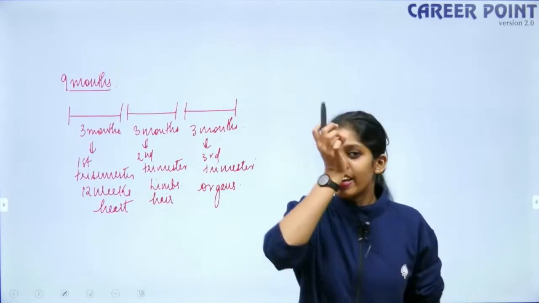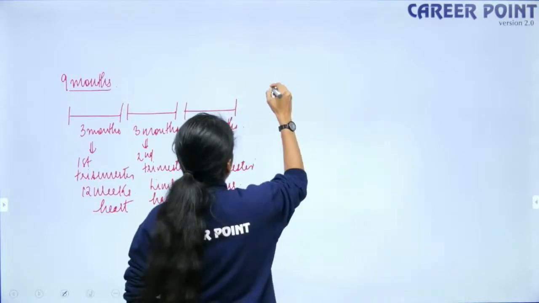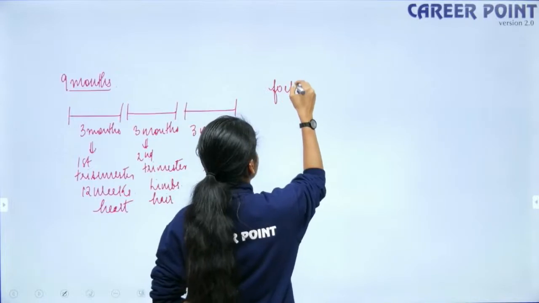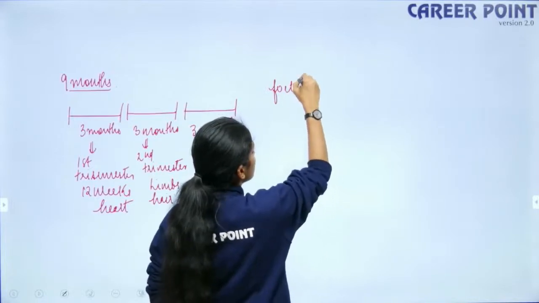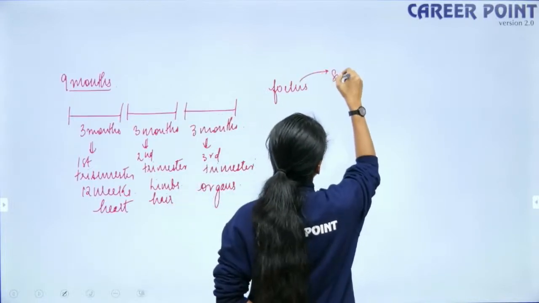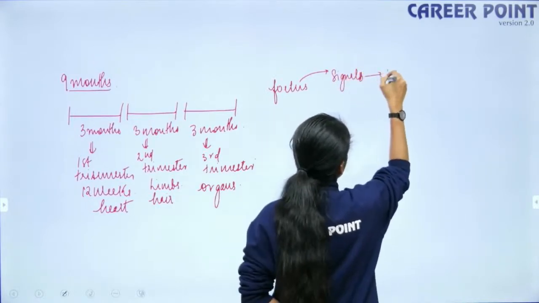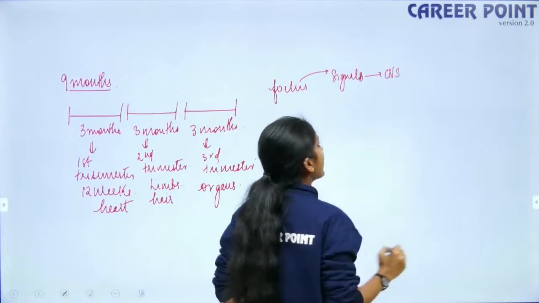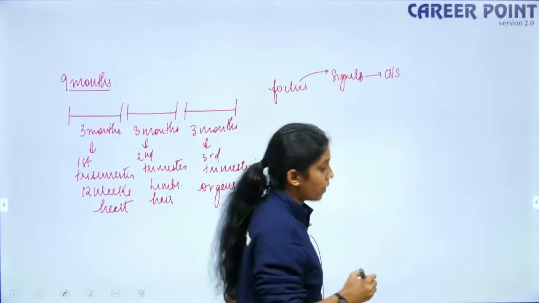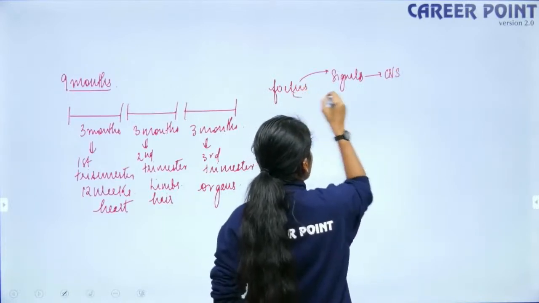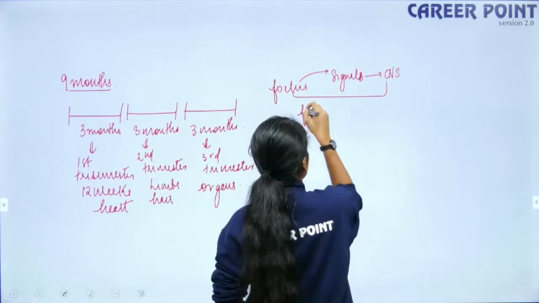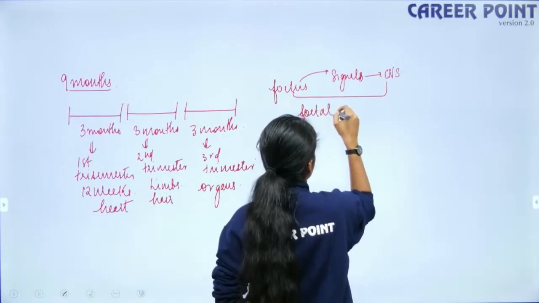Okay, so henceforth we continue. The fetus sends a signal saying it is done growing. It sends a signal to the CNS, indicating that it wants to move out. This signal from the fetus is known as your fetal ejection reflex.